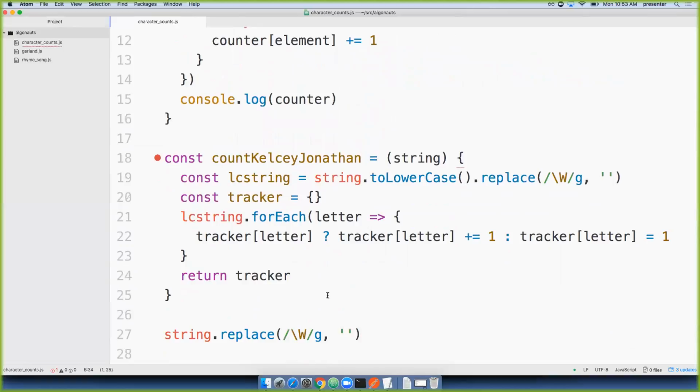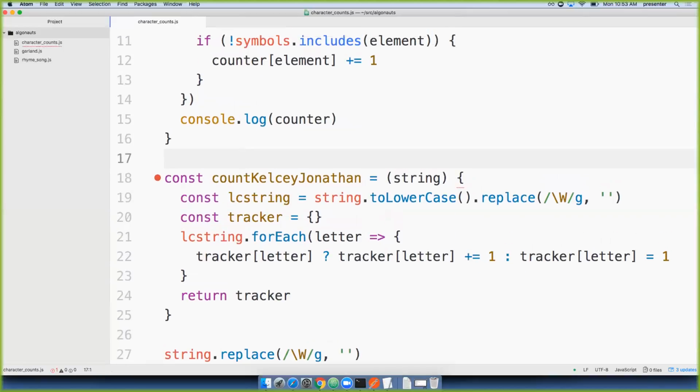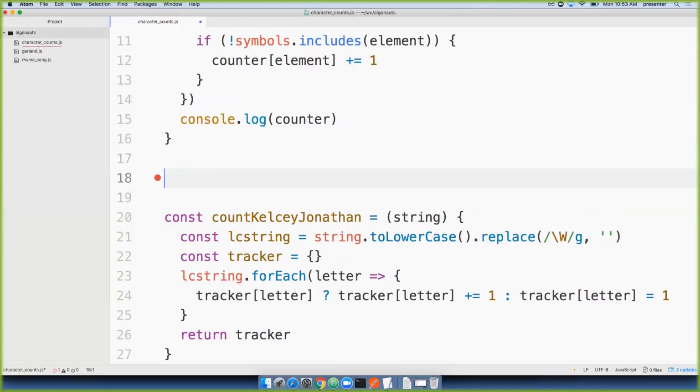As long as each of those n steps is constant, it's O of n. So yours was O of n plus O of n, which is O of 2n. But constants like this go away. Right.